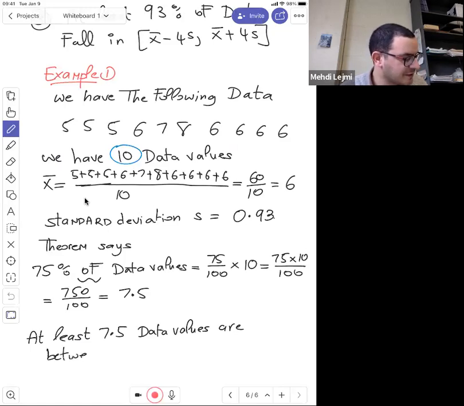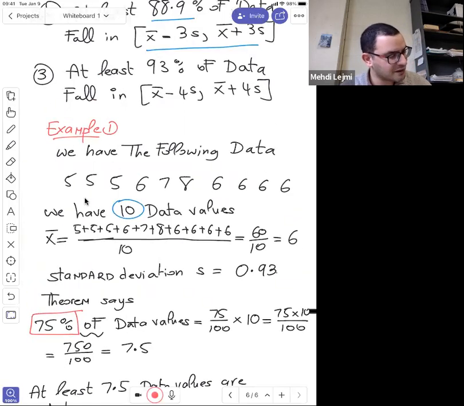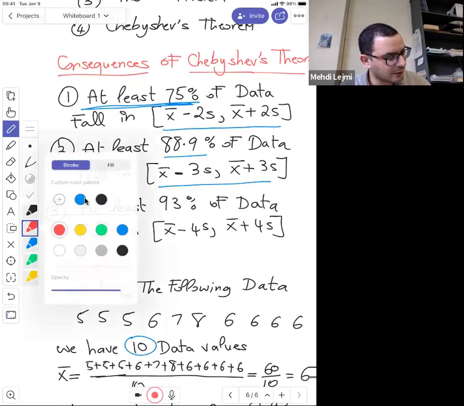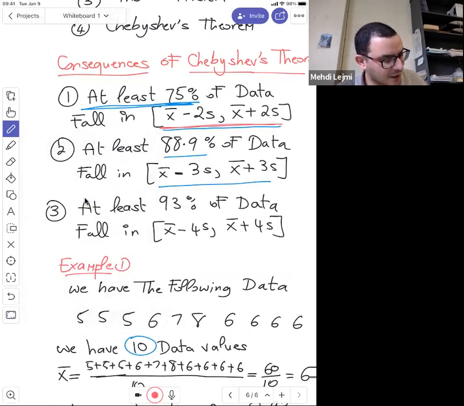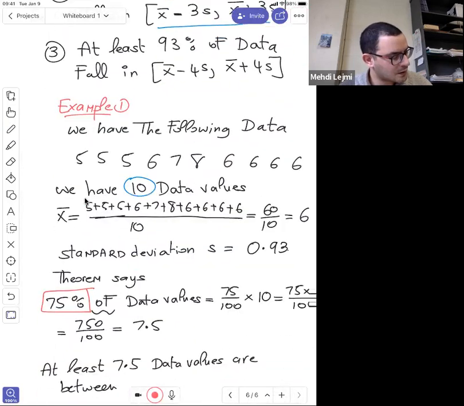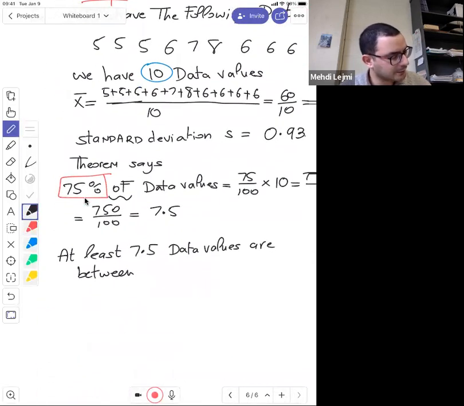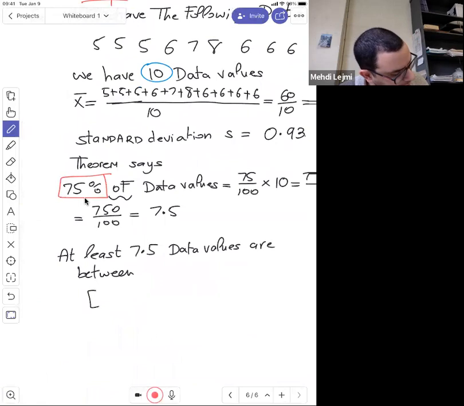The 75% corresponds to the interval x bar minus 2s, x bar plus 2s, so between x bar minus 2s and x bar plus 2s.